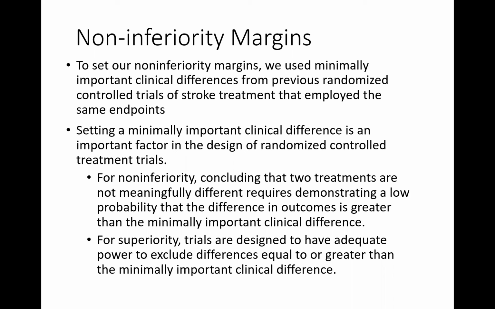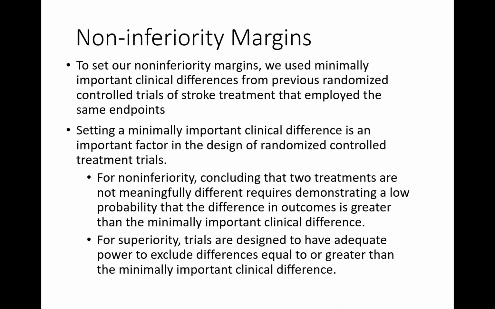So how do you decide that non-inferiority margin? Well, there's no standard way to do this. What we did was we decided we would look at 3 studies that designated what's called a minimally important clinical difference. For non-inferiority studies, the minimally important clinical difference is what the difference between the two has to be less than to call one study non-inferior to the other.